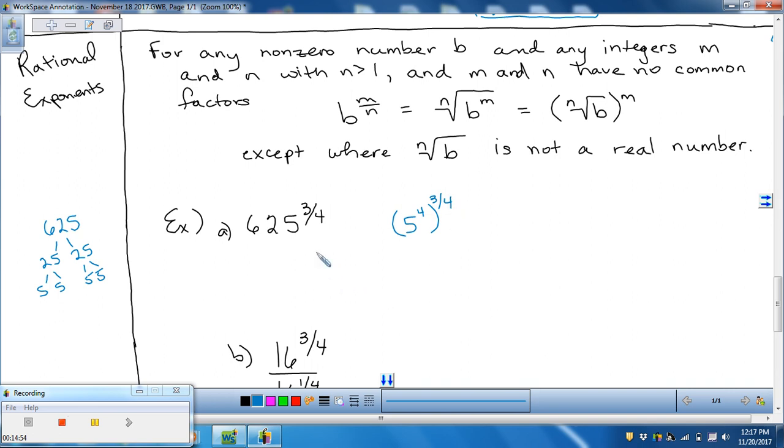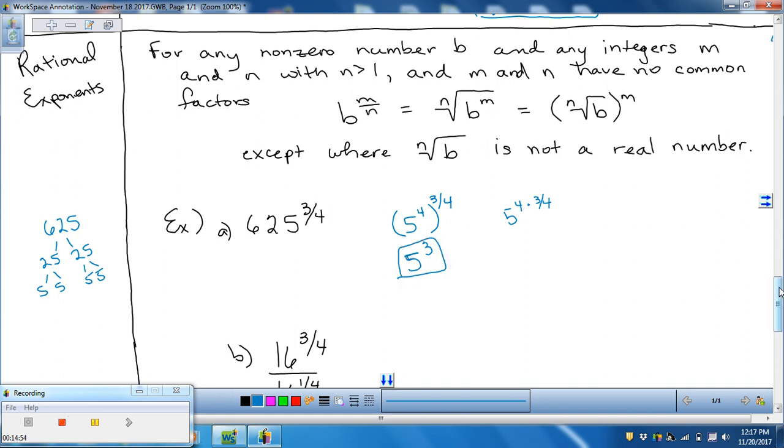So we're going to take our power of product rule. 4 times 3/4 is equal to 3, so we end up with 5 to the 3rd power. Because remember, we take our exponents and we multiply them when we're raising a power to a power. And 4 times 3/4, the 4's cancel, we end up with 5 to the 3rd.